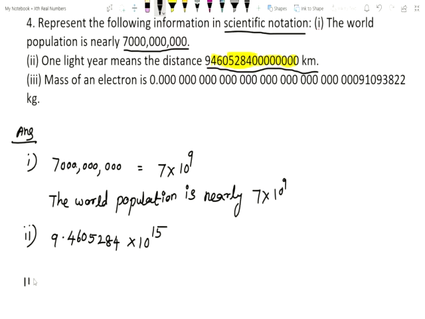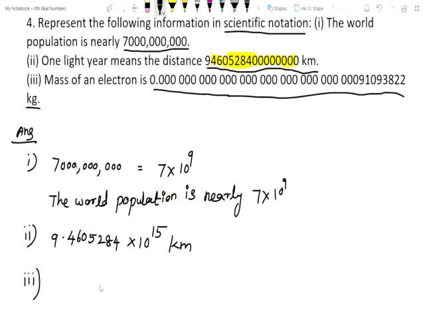Next, third one. See, this number starts from 0 point, so the power should be negative. Here kilogram is given, so you can put the unit also.